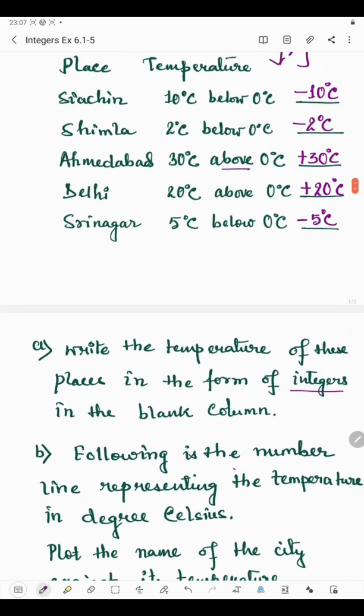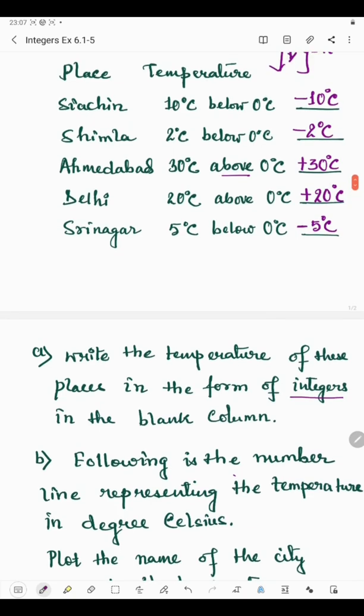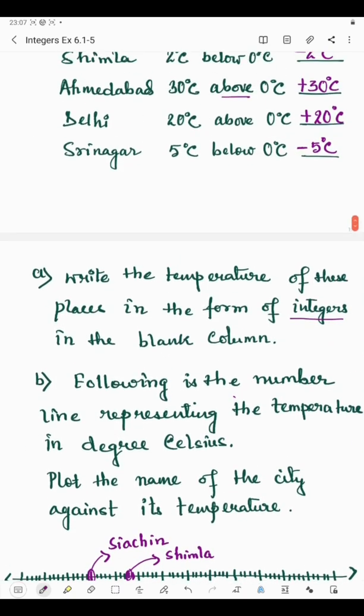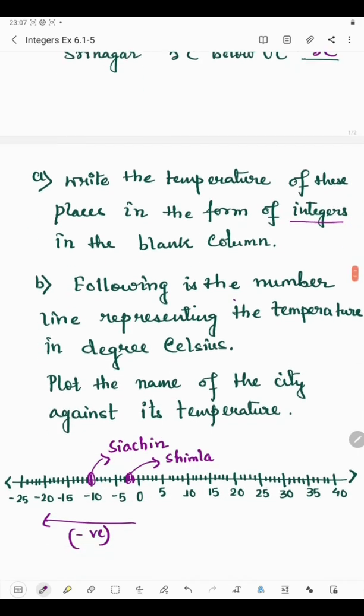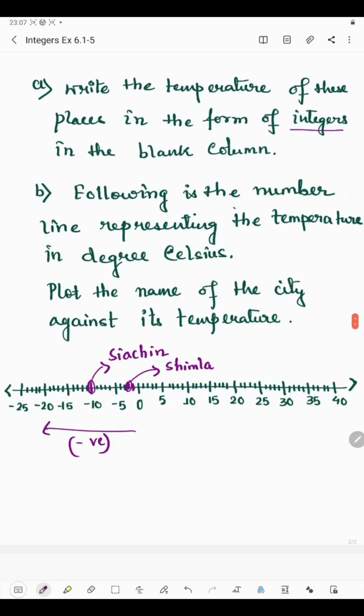Next we have Ahmedabad, 30 degrees Celsius, and that is plus 30 given. That means plus 30 means we will check the right side of 0. So here is 30. So this is Ahmedabad.